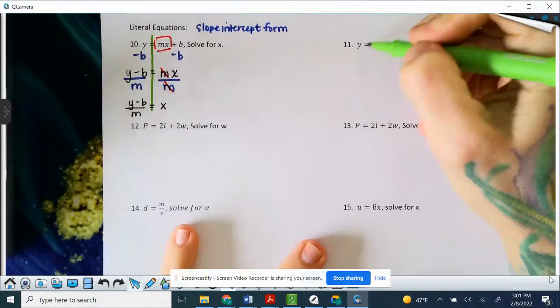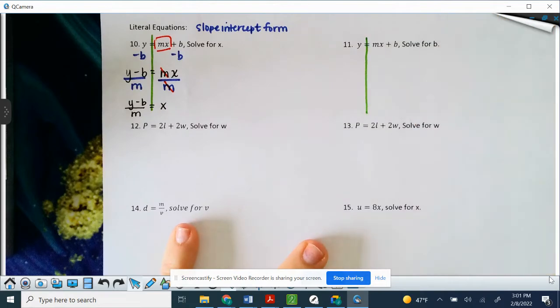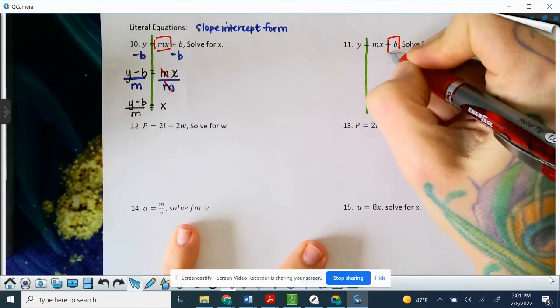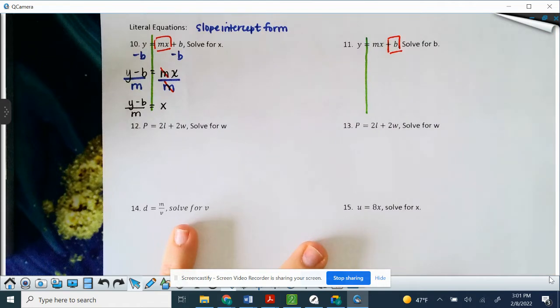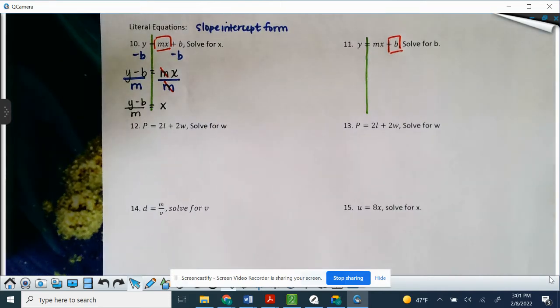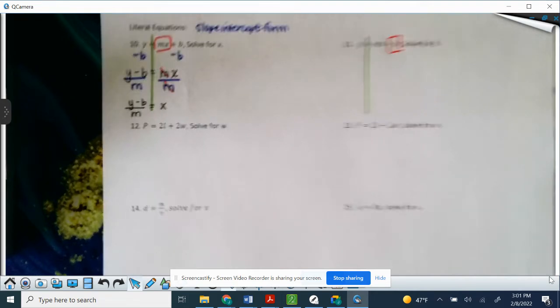So y equals mx plus b again, but this time we're going to solve for b. So my great divide line, box in the variable that I'm solving for. It's a positive, so not too much of a conversation there. That mx is attached to b by addition. They are attached to each other by multiplication, but I want to move that whole thing at one time over by subtraction.